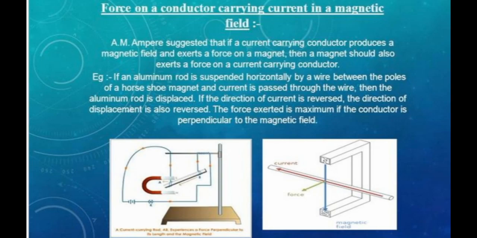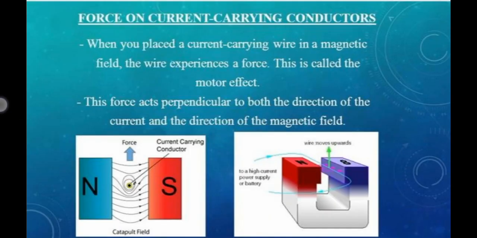Means if we have taken north pole, south pole, then we can change it to south, north, and by doing this we are able to change the motion of a conductor. So there are two ways: by reversing the direction of current or by reversing the magnetic field we can change the motion of a conductor.